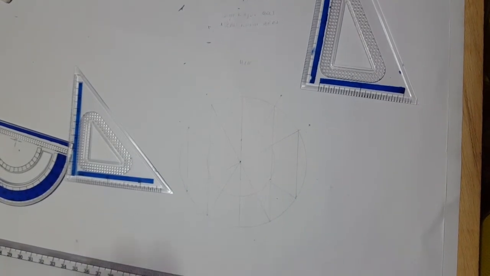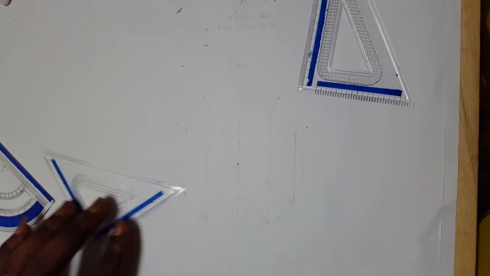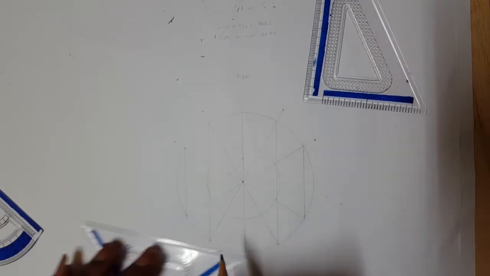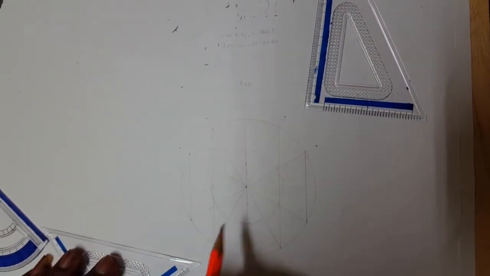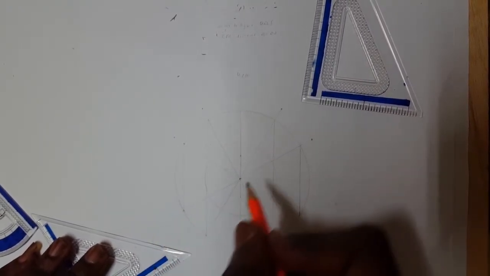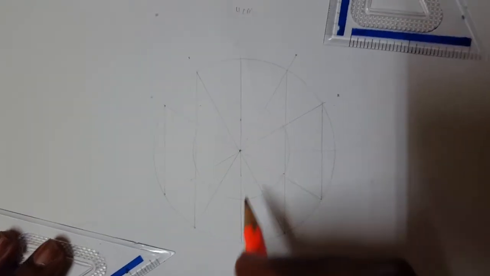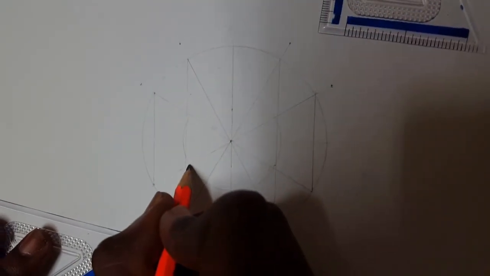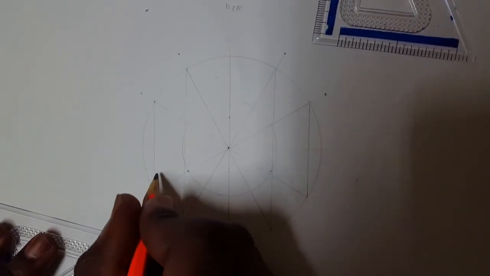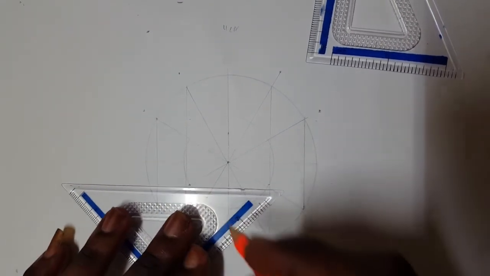After that, I'll come to my smaller circle, which corresponds to the semi-minor axis, and where the slant lines that we use to divide the circle intersected that small circle, I'll draw a horizontal line to the vertical lines I've drawn.